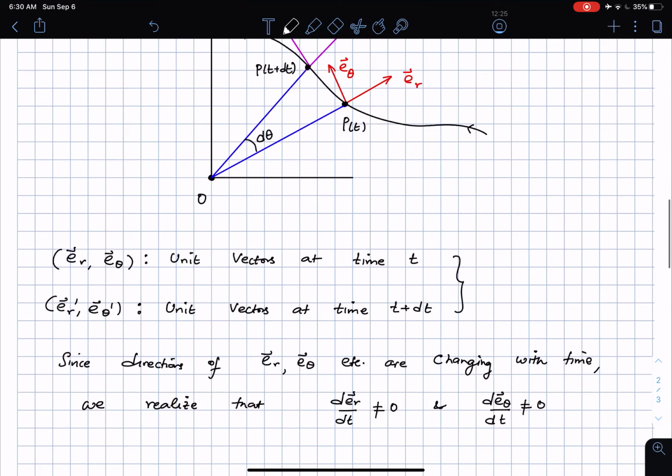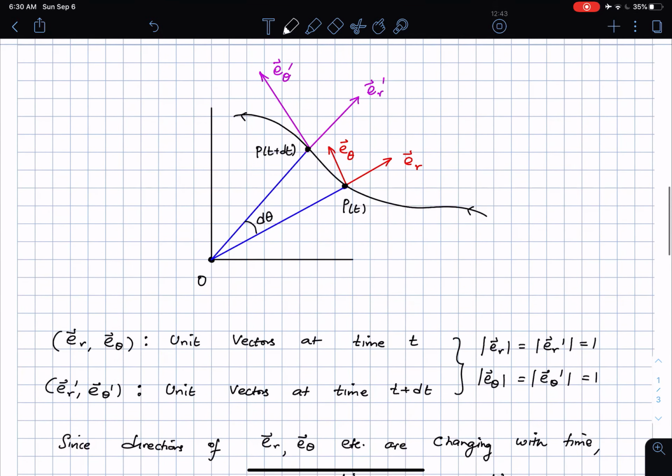Of course the other key thing is that these are all unit vectors, so their magnitudes are equal to 1.